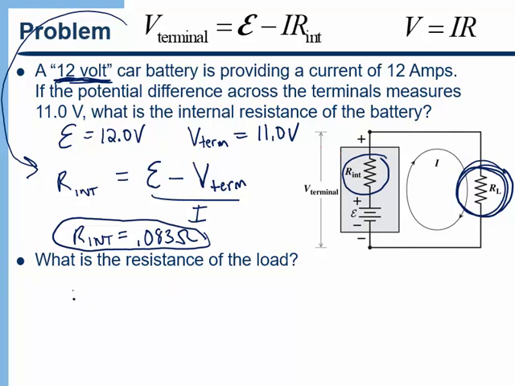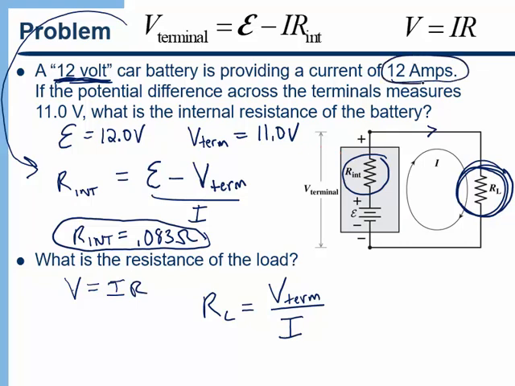Since V is equal to IR, the resistance of the load would just be equal to the terminal voltage divided by the current going in the circuit. Remember, in a series circuit, the current is the same everywhere, so we know that the current is 12 amps. And so we get 11 volts divided by 12 amps, or 0.92 ohms.